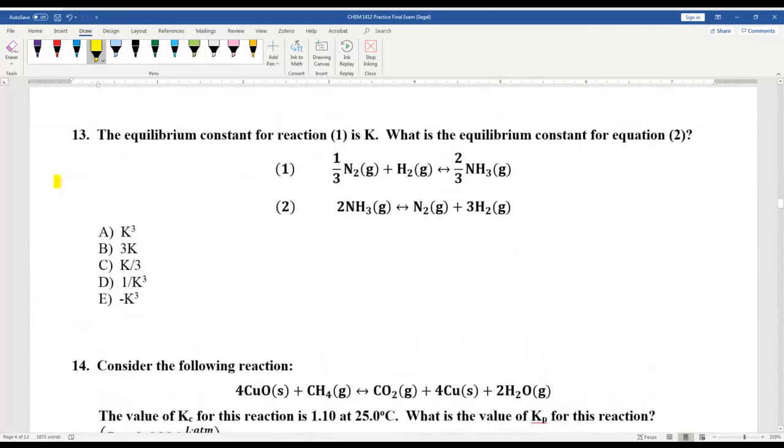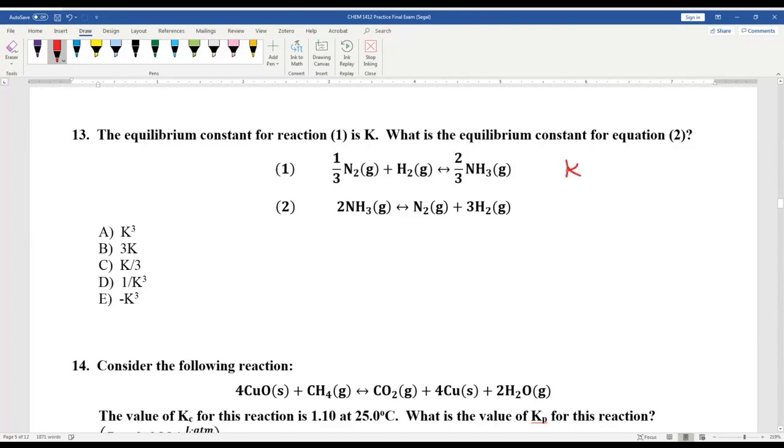Now if we look at this one, it says the equilibrium constant for this reaction, reaction 1, is K. What is the equilibrium constant for reaction 2? So we have to understand how manipulating this changes things.